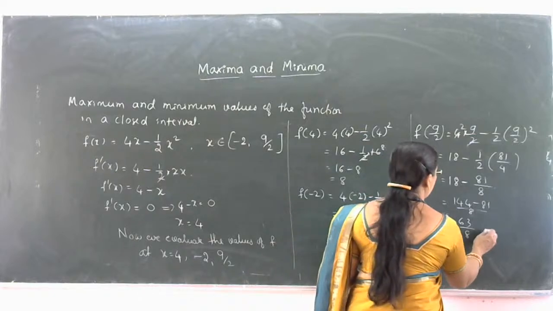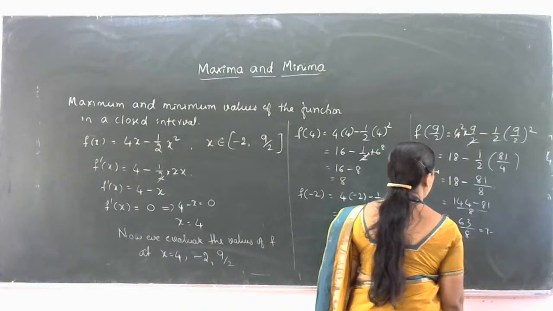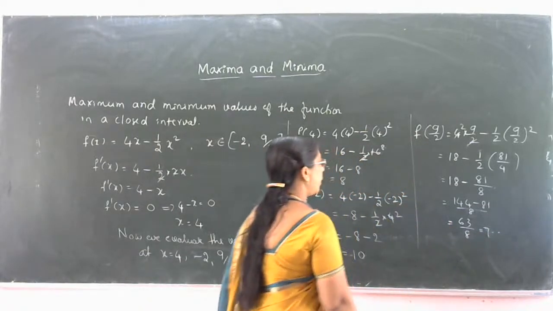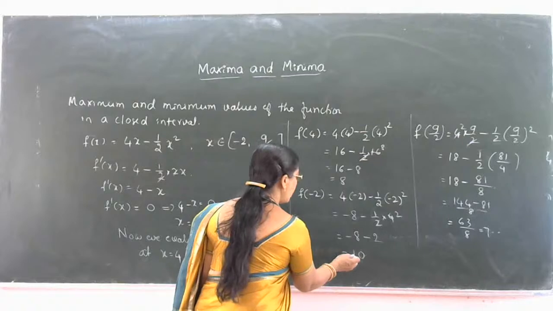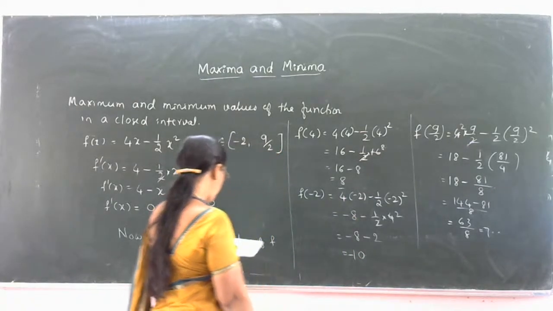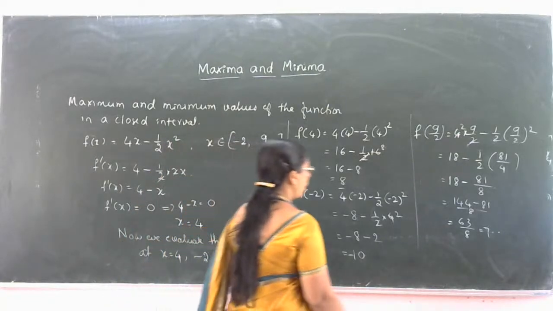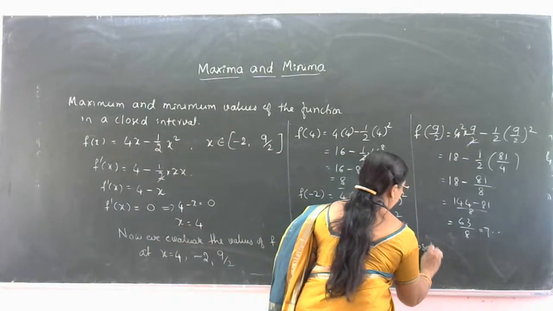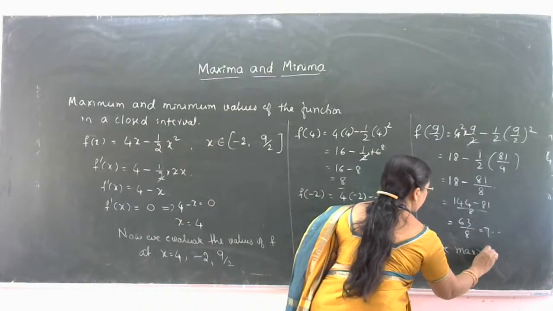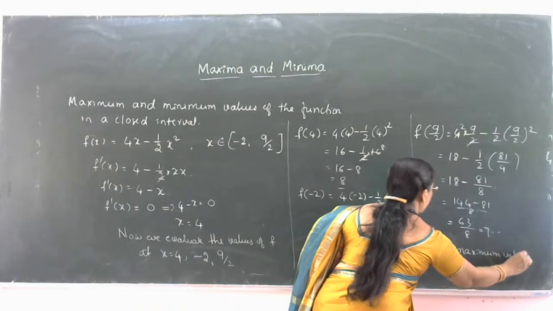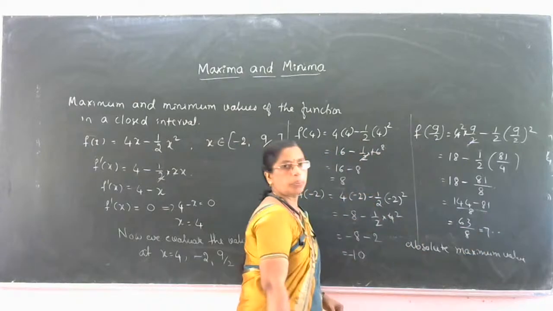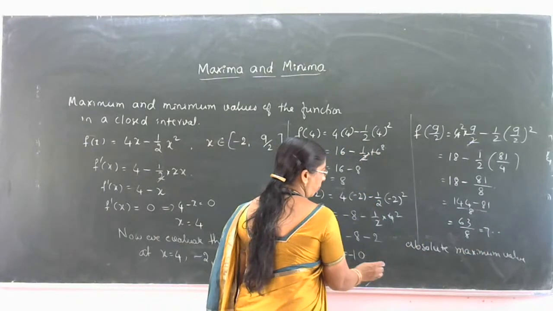It's 7 point something. But here one is minus 10, one is 8. Therefore, which one is the absolute maximum value?